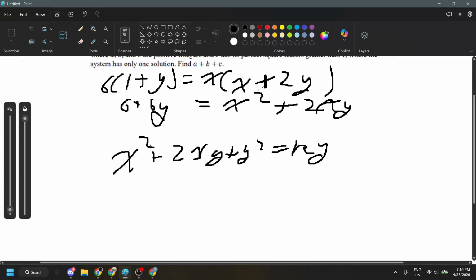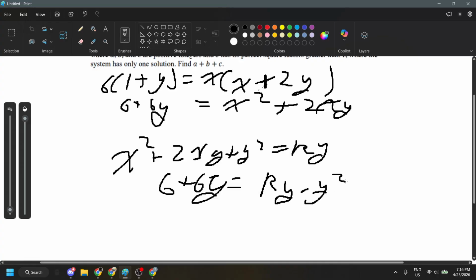So we could recognize here that this is this. So this is just ky minus y squared. 6 plus 6y is equal to ky minus y squared.